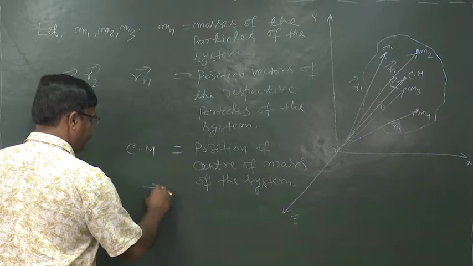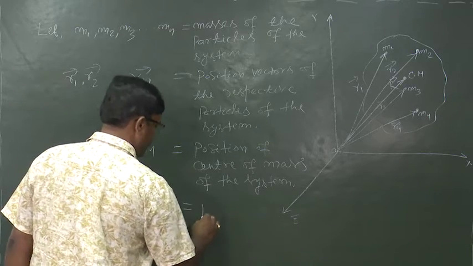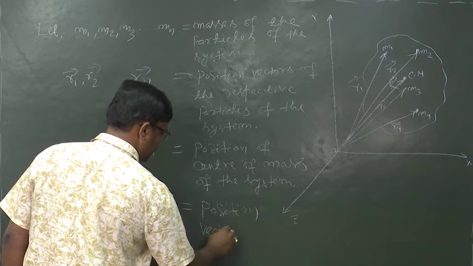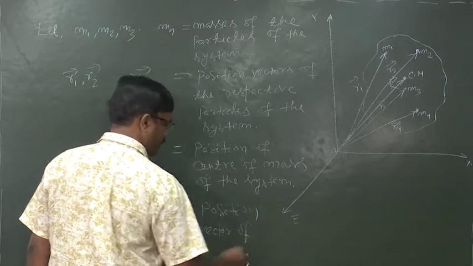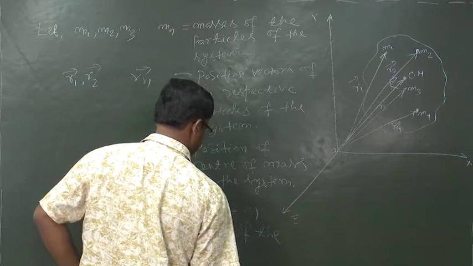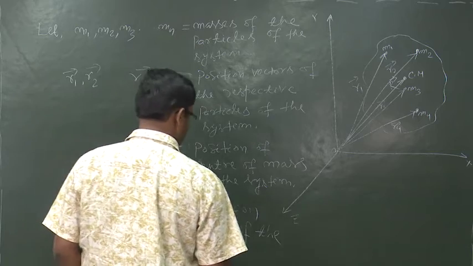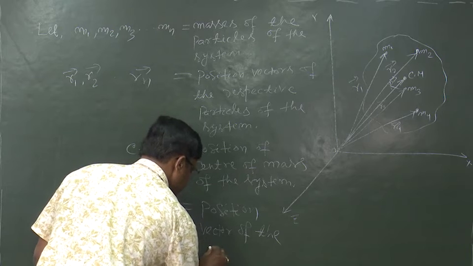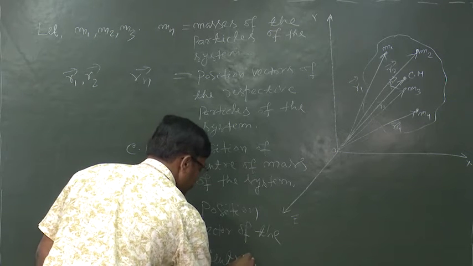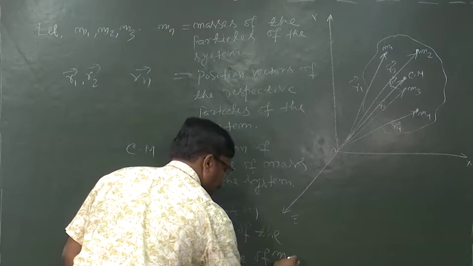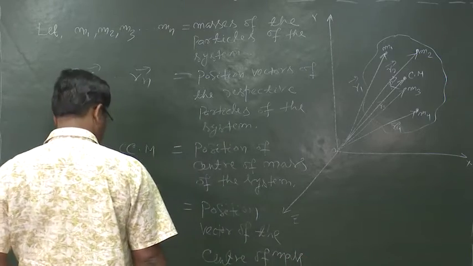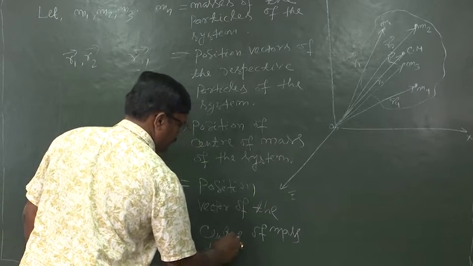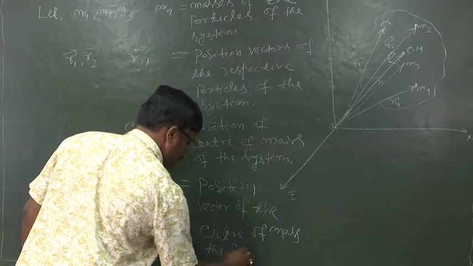Capital R vector is equal to the position vector of the center of mass of the system.